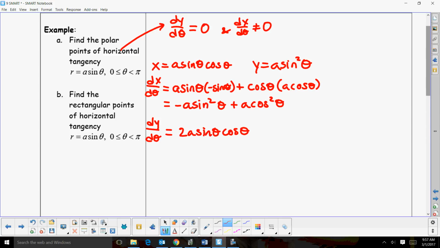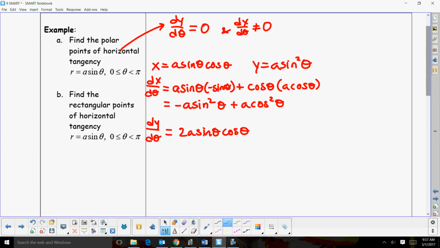So let's see if we get the same derivatives. Everybody good with the derivatives? Raise your hand if you want more time for the derivatives.